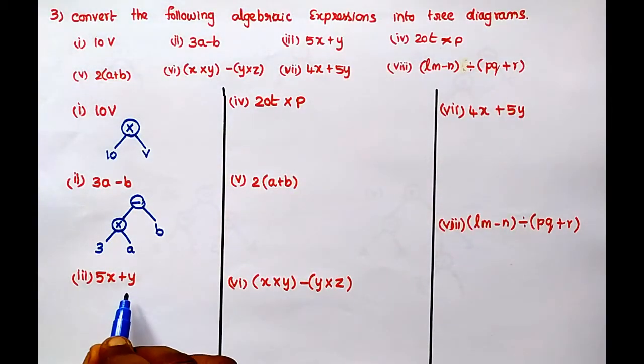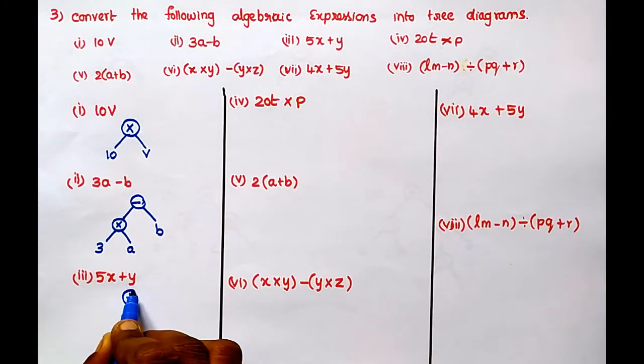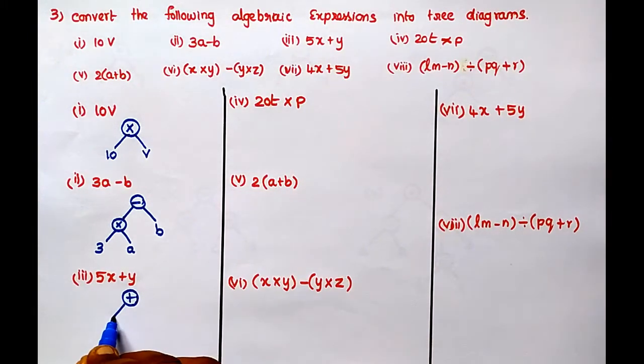5x plus y. Same procedure, we have to add the number 5x and y. So first main operation is plus. Which one? 5x. 5x is multiplication, no? So multiply 5 and x, and here y.